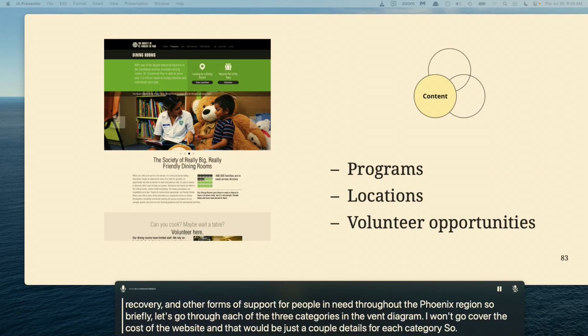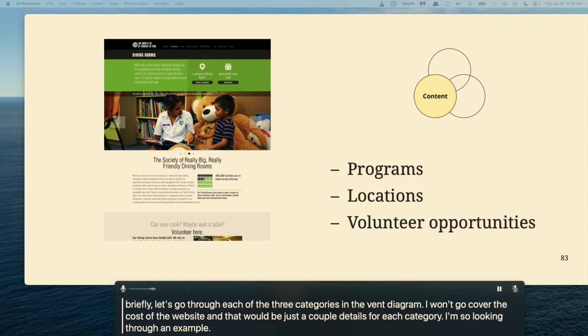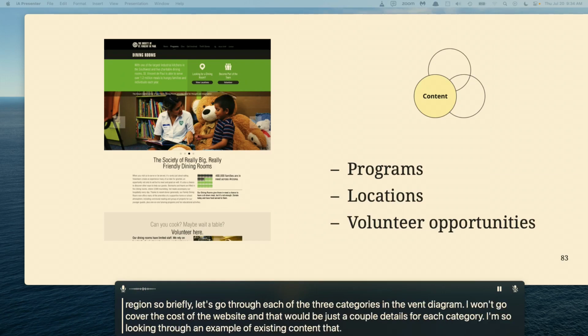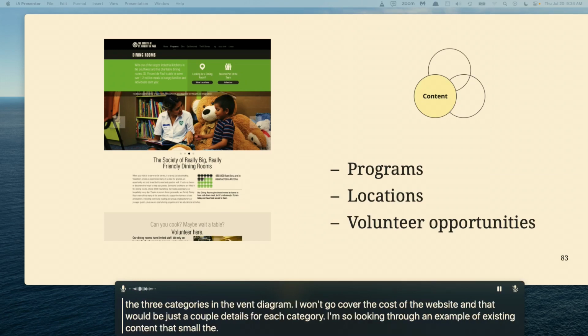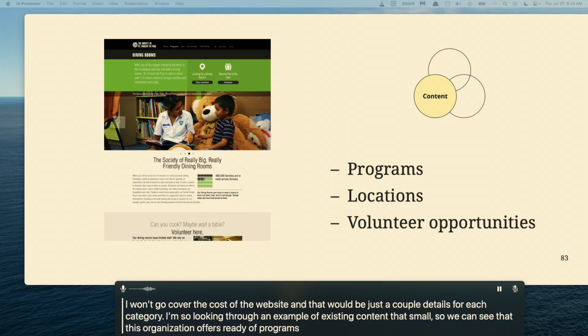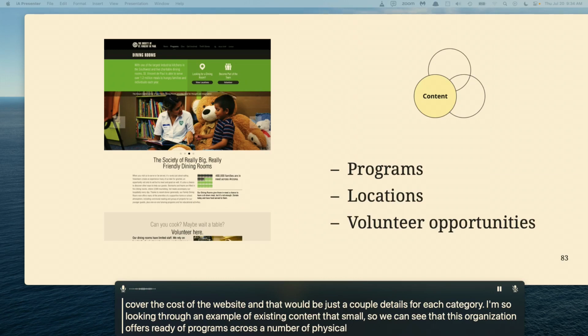So looking through an example of the existing content, that diagram is a bit small. We can see that this organization offers a variety of programs across a number of physical locations. This page is titled Dining Rooms.